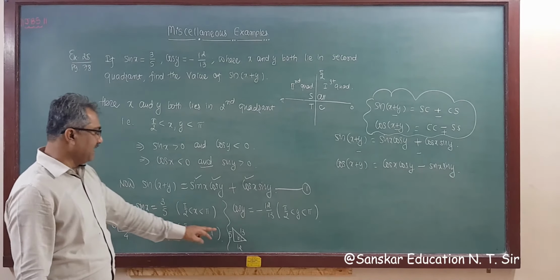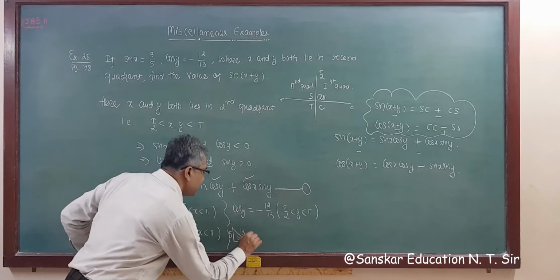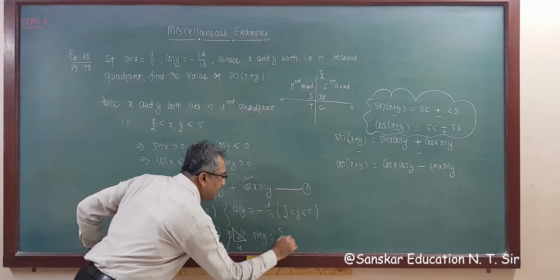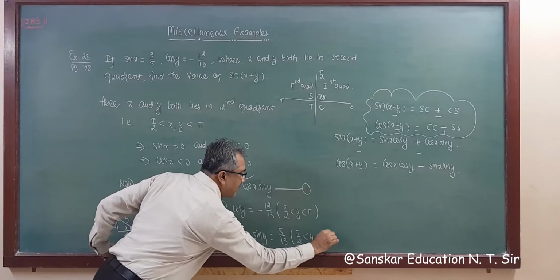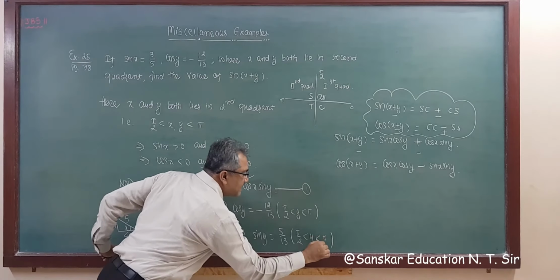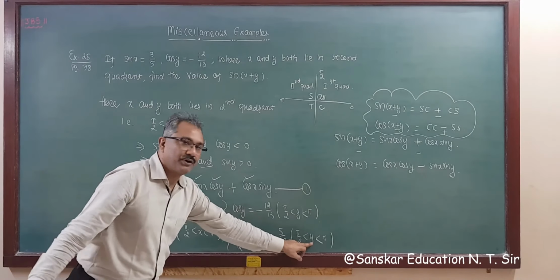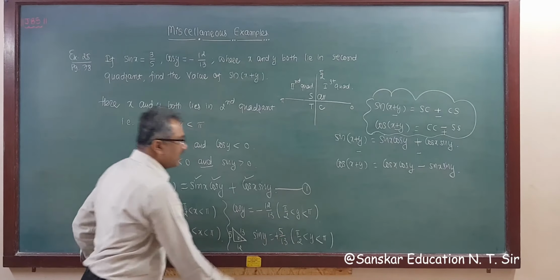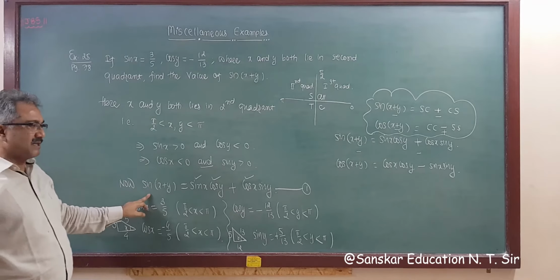So sin y is 5 by 13. Pi by 2 is less than y, less than pi, and this is the second quadrant. In the second quadrant, sine is positive. So the answer is positive. Now substitute all these values in equation number 1.